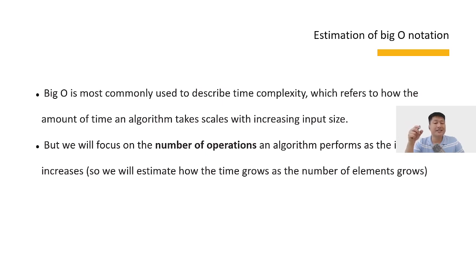Any operation that takes some effort or CPU time. So normally we use the number of operations to estimate the work of an algorithm, that is, to estimate the time complexity. That's why we need big O notation. I think it's clear. We will do some practice now. Don't be afraid.